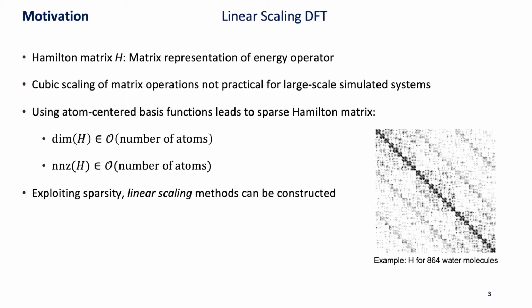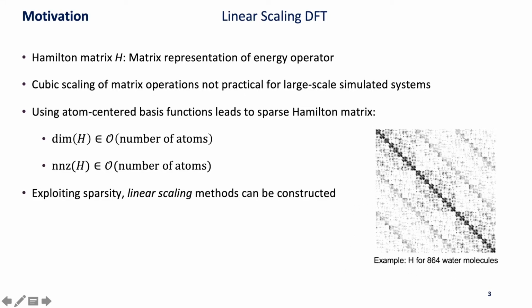One important data structure we're working on is the so-called Hamilton matrix H. So this is the matrix representation of the energy operator. And the cubic scaling of the matrix operations we have to do on this matrix is just not practical for large-scale simulated systems. But if we use atom-centered basis functions to represent the orbitals, we will see that this Hamilton matrix actually becomes sparse.